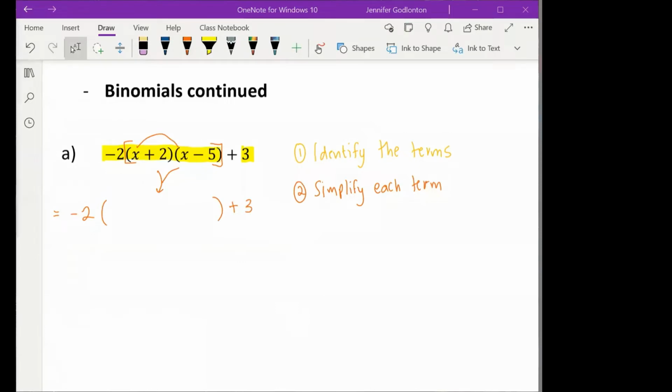So let's try and go through this step by step. The x times the x is going to give me x squared. X times -5 is going to give me -5x. 2 times x is going to give me 2x, and 2 times -5 is going to give me -10.